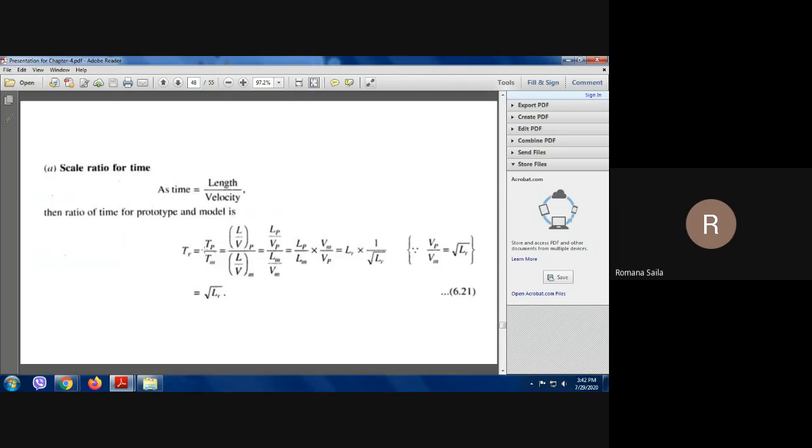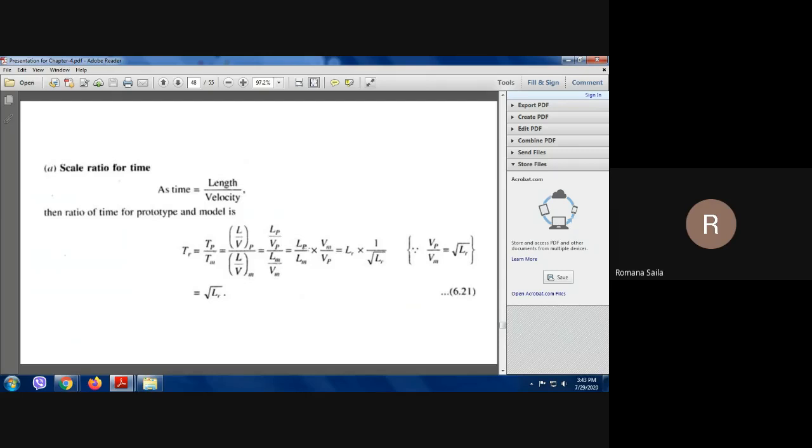The ratio of time will be Tp by Tm; always the parameter for the prototype will be on top. Now Tp is equal to L by V for the prototype, and Tm is equal to L by V for the model. So Lp by Vp over Lm by Vm, rearranging, is Lp by Lm into Vm by Vp.